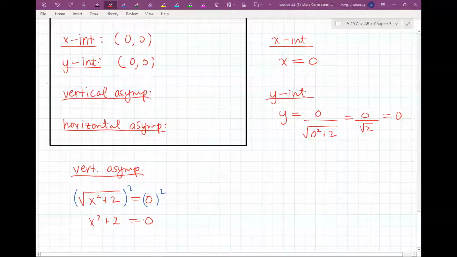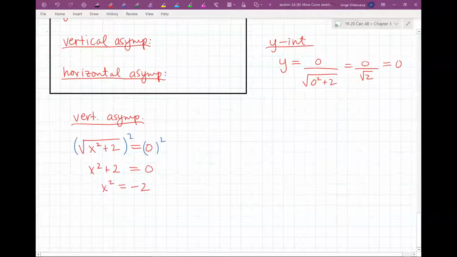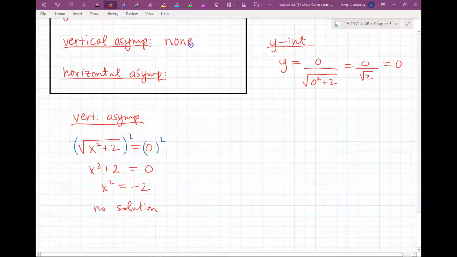Then I'm going to subtract the 2, so x squared equals negative 2. At that point, hopefully you notice that's not possible, right? There's no solution. So if this has no solution, then there is no vertical asymptote. So I'm going to put none for the vertical asymptote.